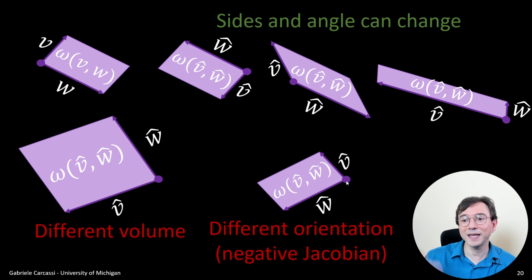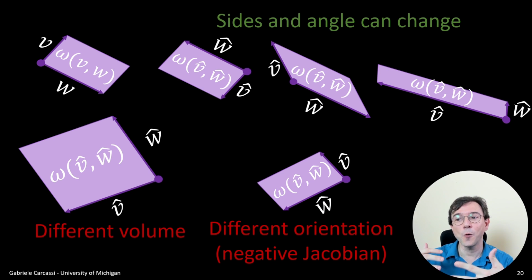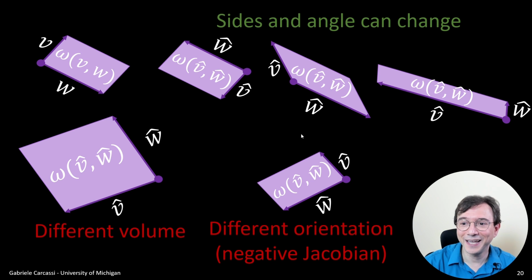And we can now understand what happens if we have two vectors that start with a particular area. Well, these vectors can rotate, the angles between them can change, and the lengths can also change, as long as the area remains the same.